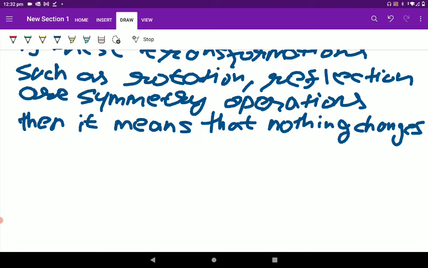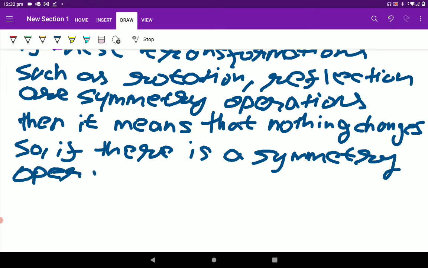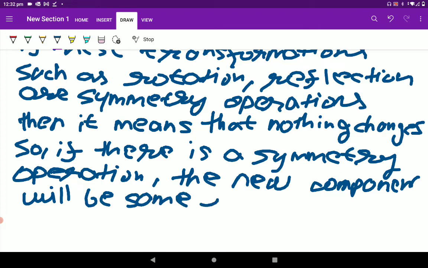So if there is a symmetry operation, the new component will be the same as the old component.